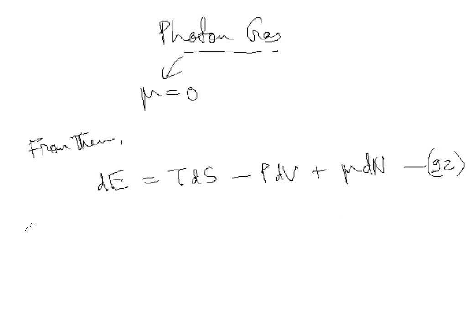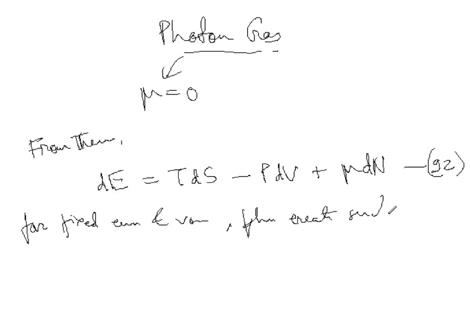Now for fixed energy and volume, the photons are created such that S is maximum. What does this mean?